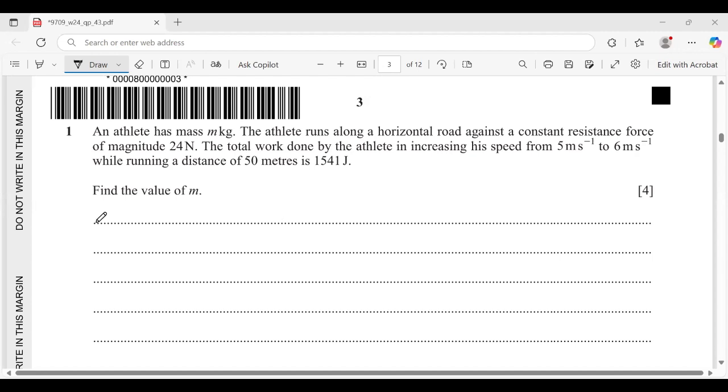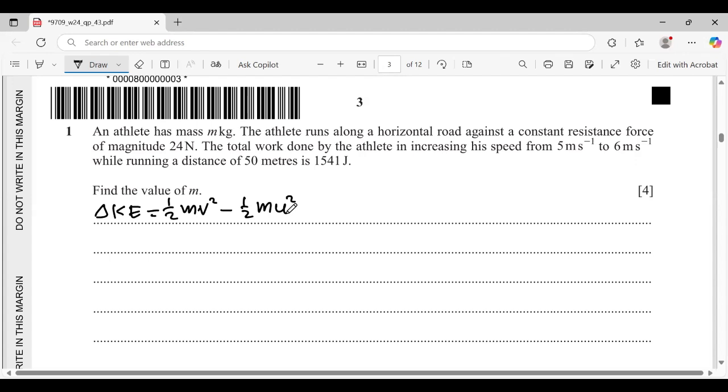First, I would like to find the change in kinetic energy because this athlete runs. So the change in kinetic energy equals 1/2 m v squared minus 1/2 m u squared. u is the initial velocity and v is the final velocity, right?